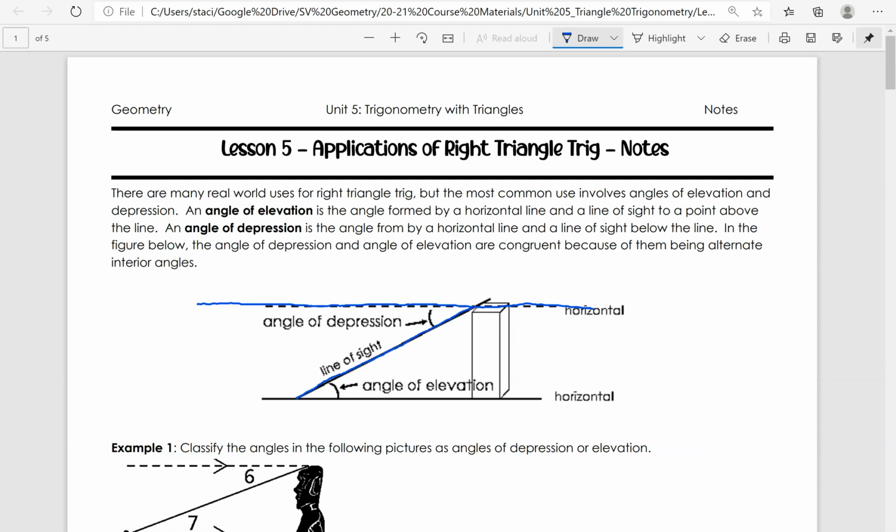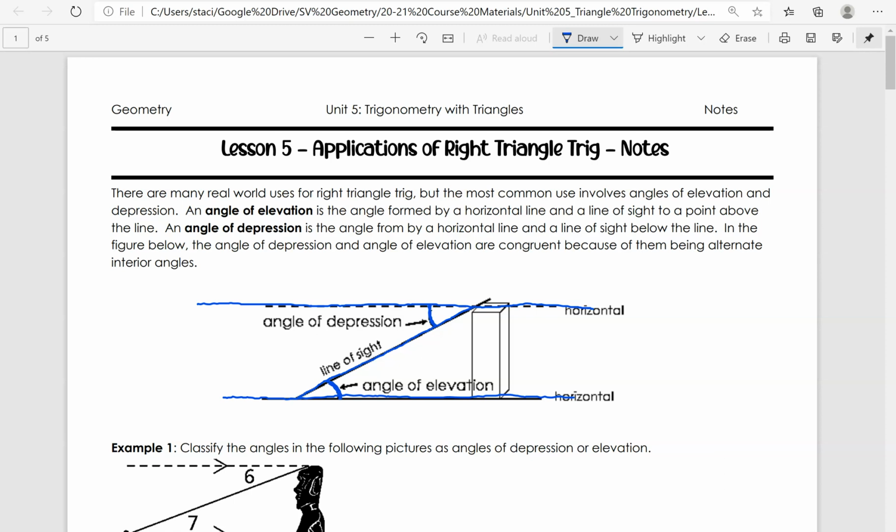The angle that's formed between the horizontal line and my new line of sight in which I'm looking down is called my angle of depression. And then an angle of elevation works the same way, where you have some sort of horizontal line, and from that horizontal line, you now direct your line of sight to go upwards. And so the angle that's between the horizontal line and your upwards line of sight is an angle of elevation.